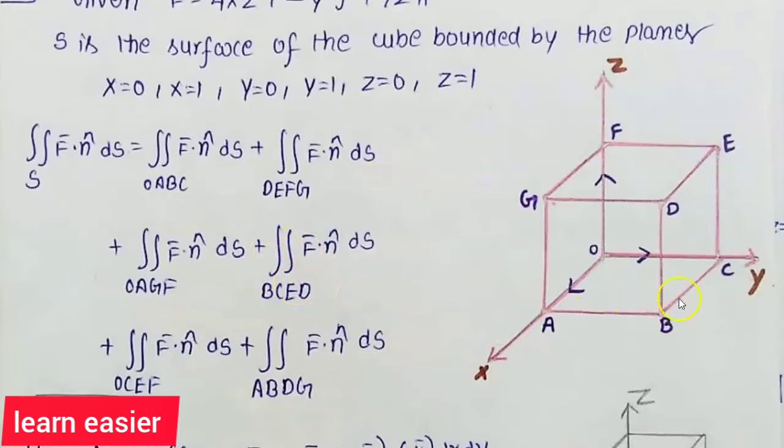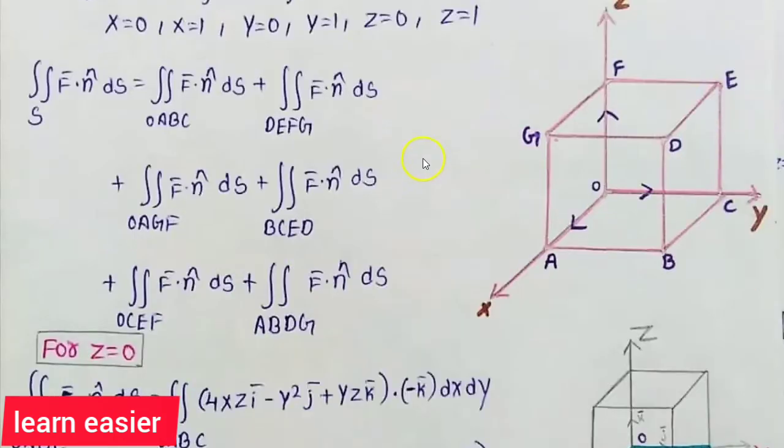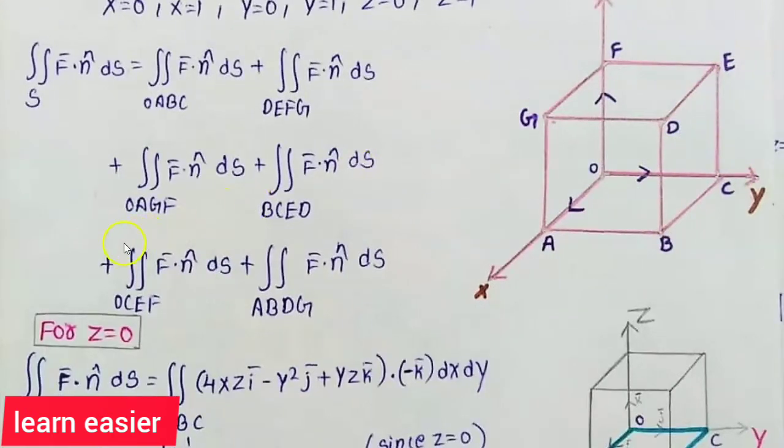So this is the surface for y equal to 1, and next, this surface integral is for x equal to 0, which forms the surface OCEF. So this is the surface OCEF for x equal to 0, and this surface integral is for x equal to 1, which forms the surface ABDG.